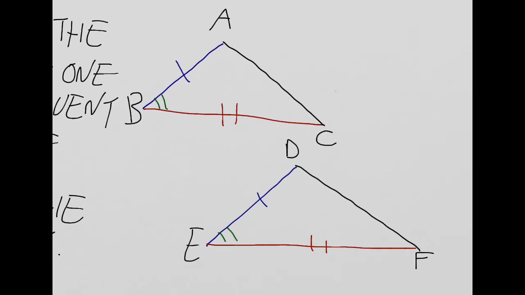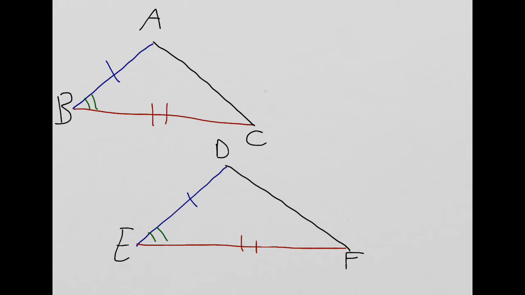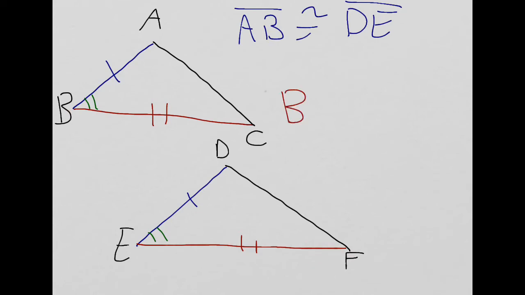So let's take a look at a diagram here. So I have AB is congruent to DE here because of their markings. And then if I look here, I have BC is congruent to EF, also because of their markings.